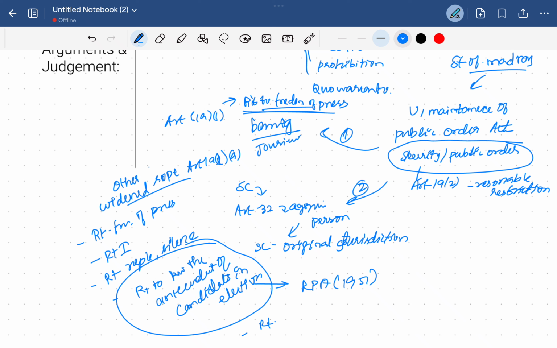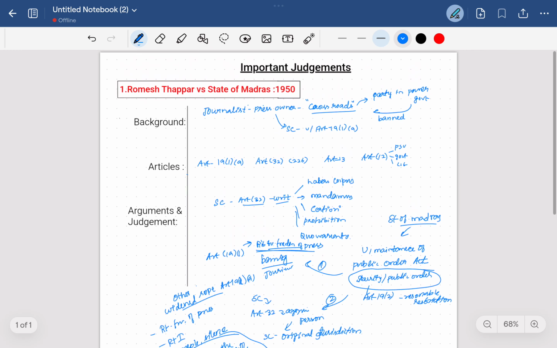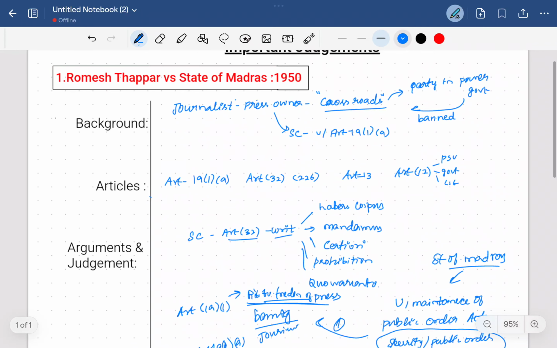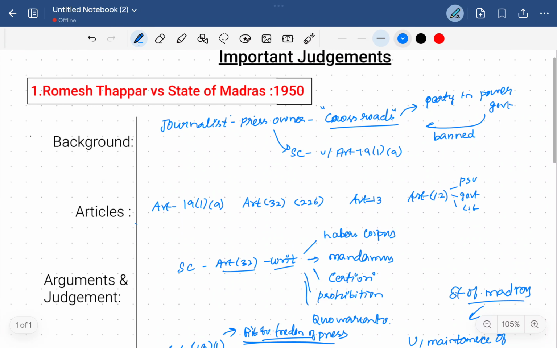Then it also includes the right to fly the national flag. Every citizen has the right to fly the national flag under the freedom of speech, and it's a form of expressing their values. So basically the scope of fundamental rights has been expanded against the state's arbitrary decisions.